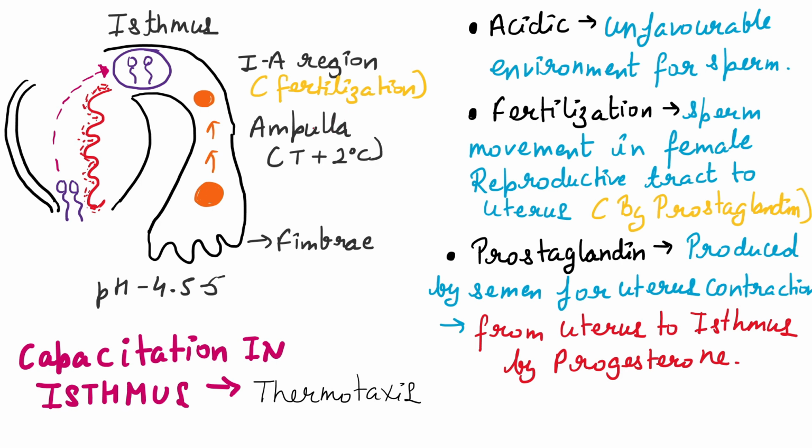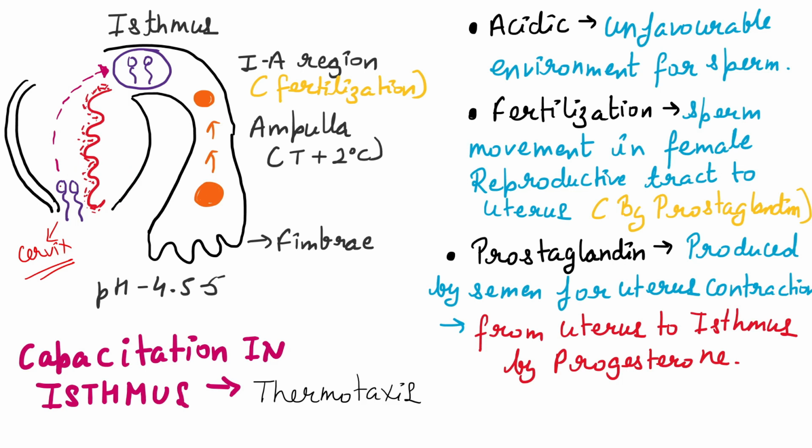Now as we all know that this is the uterus, and here is the sperm going to enter from. So this is the region of cervix region, from where the sperms enter to the female reproductive part.